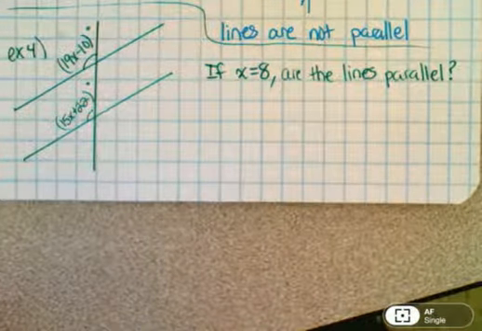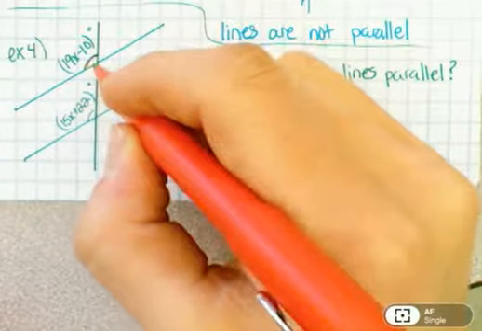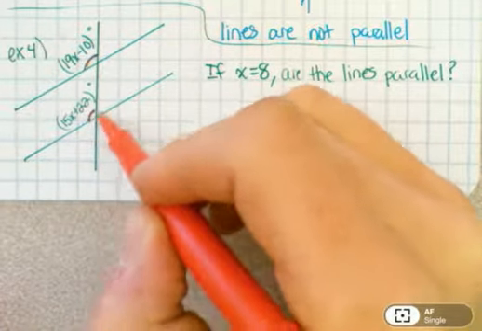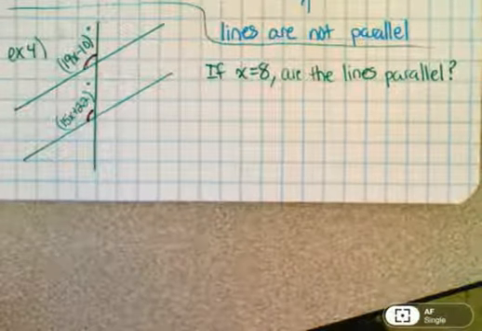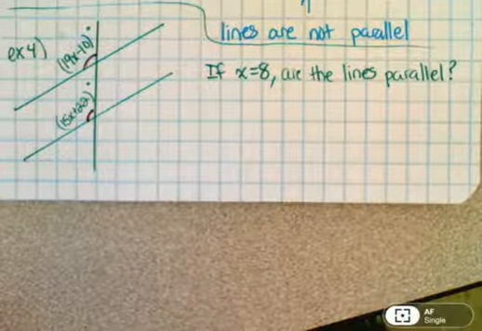So first thing I want to do is identify what's the relationship here. This angle is the top left angle in this intersection, and this angle is also the top left angle in the intersection. So take a minute and see if you can remember what the name of that relationship is.